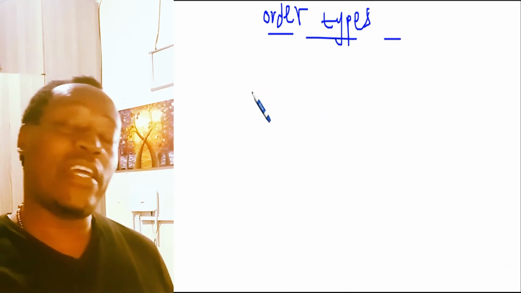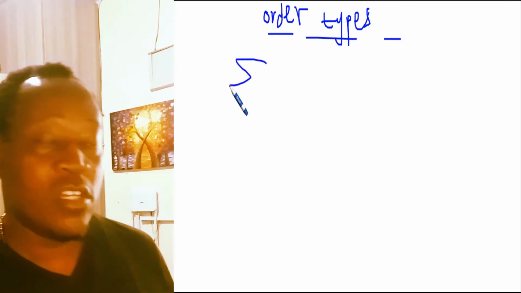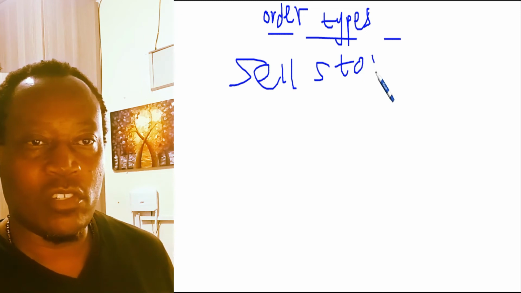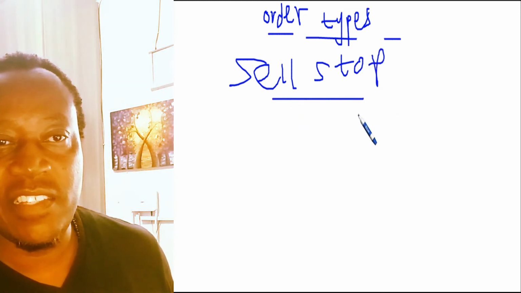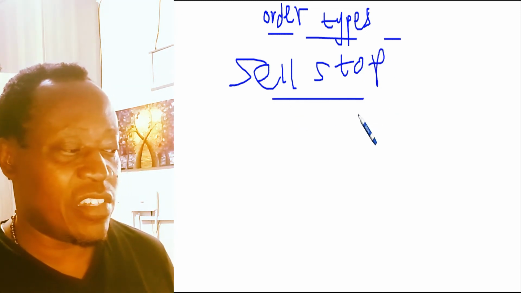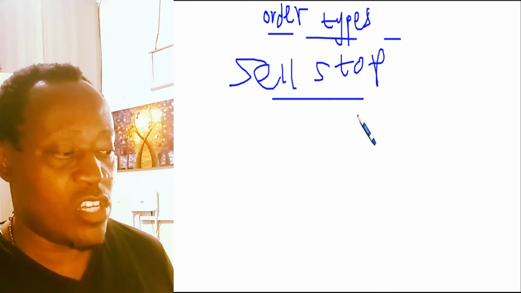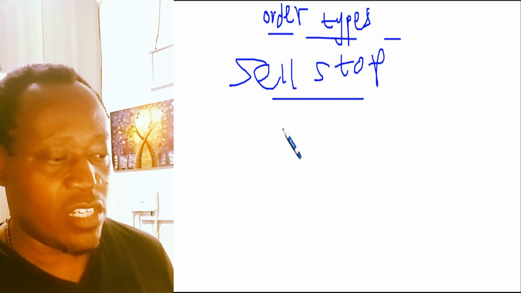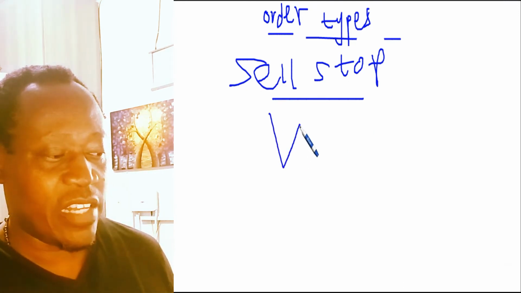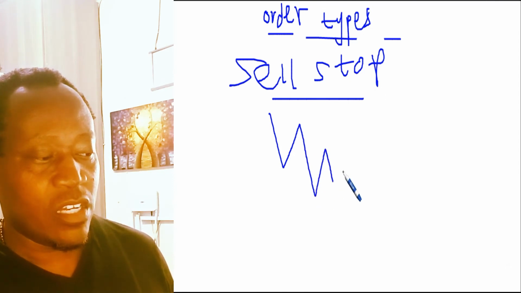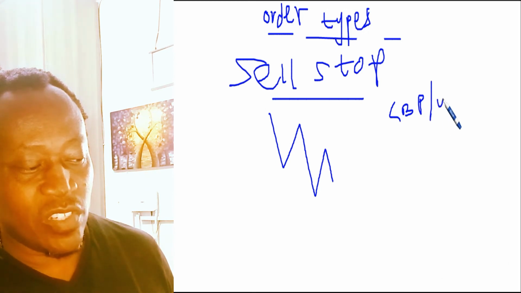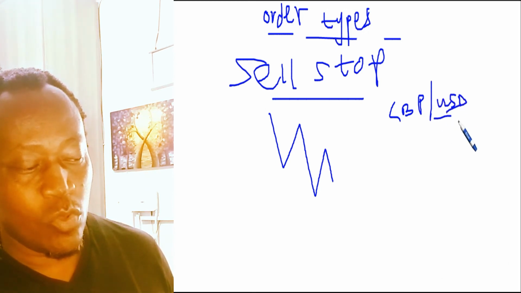Now a sell stop concept is the same as a buy stop. Remember we said when the market is going downwards, we short. Another word for short is sell. So in such a case, if the wave for GBP USD is going downwards like this, in a sell direction, you'll also anticipate that by the time price reaches somewhere here in a future price, you want to sell.